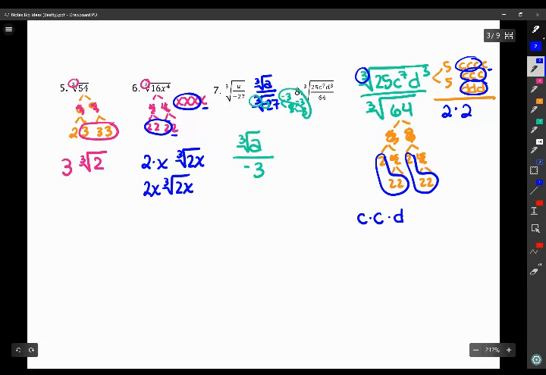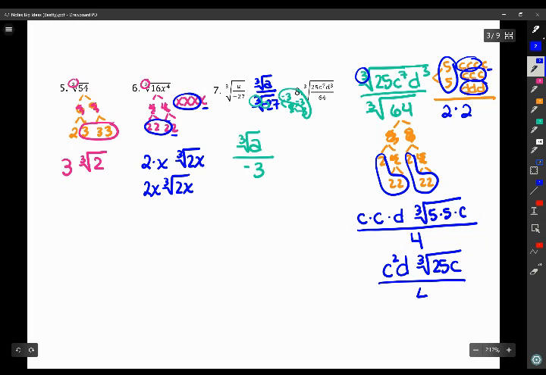And then what's left over is a c and both of those 5's. Because I don't have 3 of a kind, they all have to stay underneath the radical sign. And on the bottom, 2 times 2 gives us 4. So when we simplify, we get c squared, because there's 2 of them, d, cubed root of 25c all over 4. And this would be our answer.